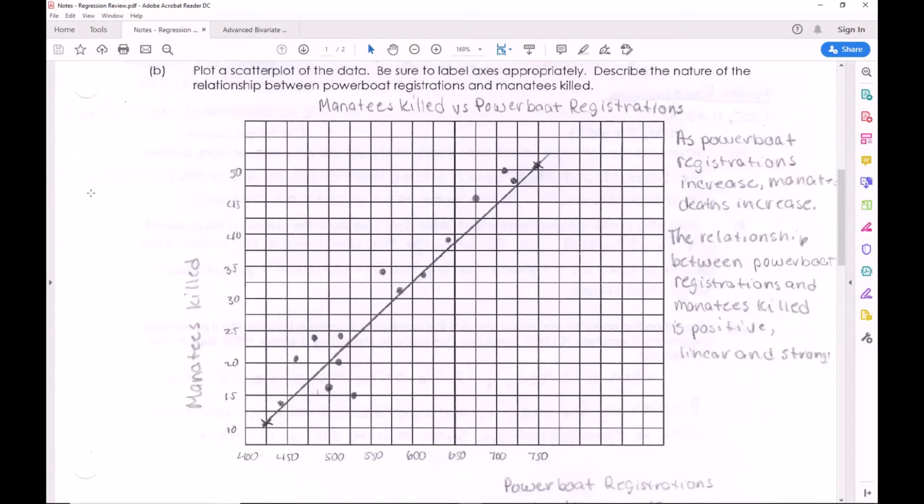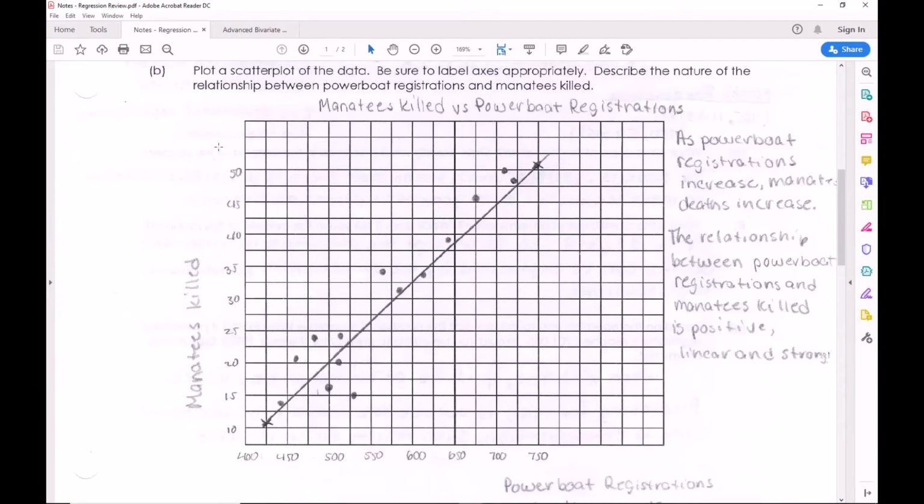Now that we're getting up to AP exam time, making a scatter plot is a very time-consuming thing. And so if you can just do this on your calculator, for homework and whatnot, and not bother doing it by hand with graph paper, I think that would save a lot of time and it would accomplish what we need it to do.